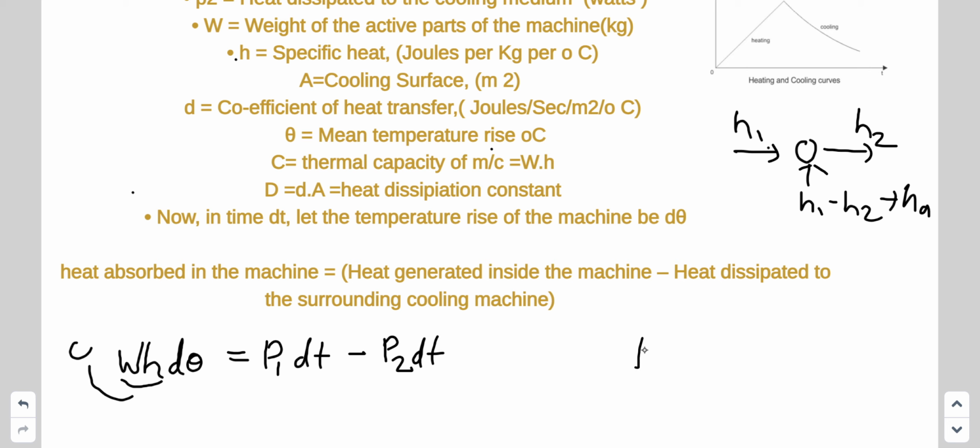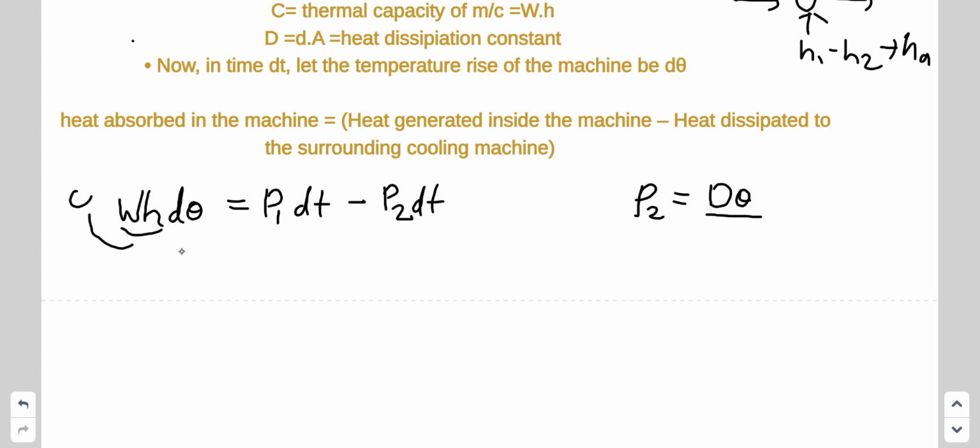And P2 is heat dissipated in the surrounding, so we can write it as D theta. D is heat dissipation constant in theta temperature, so write it as C d theta is equal to P1 dt minus D theta dt.